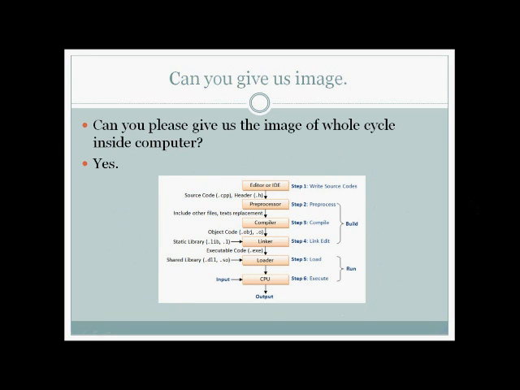First you write source code, which is processed by the processor, and it is compiled by the compiler. The compiler creates the object file, which is linked with the header file in the linker, and creates the exe file, which is then loaded into the CPU, and the output is shown on the screen. So this is the whole cycle of program execution.